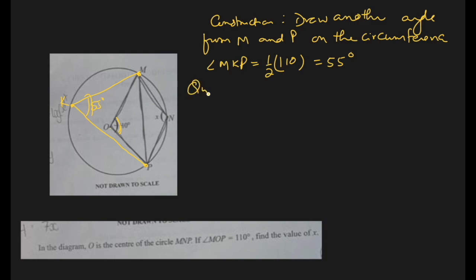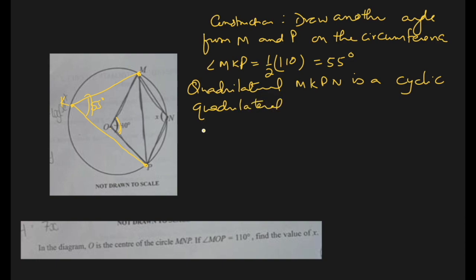Now we can write quadrilateral MKPN is a cyclic quadrilateral, right? So angle MKP plus X, they are the opposite angles of a cyclic quadrilateral, right?